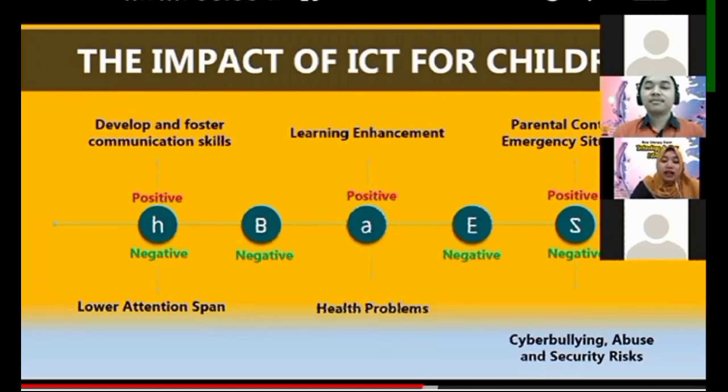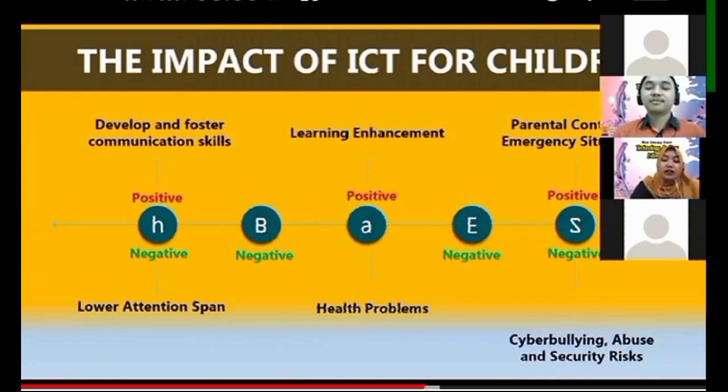So each child is special and learns differently from the internet. This is one of the positive impacts from ICT. And the third one is about parental control in emergency situations. As we know, technology for kids sometimes can be a lifesaver for child and society.